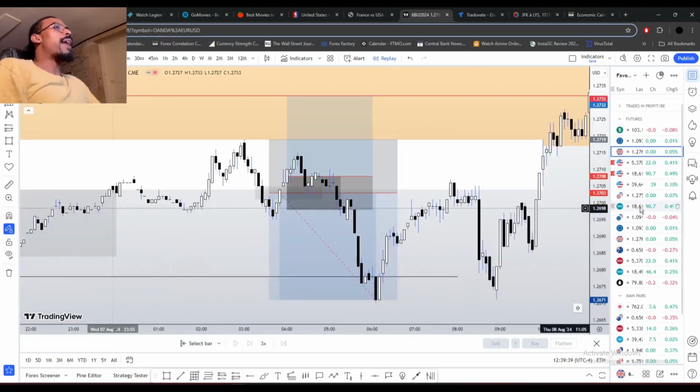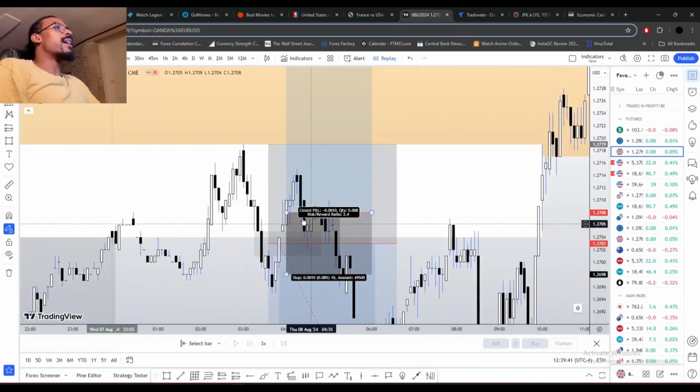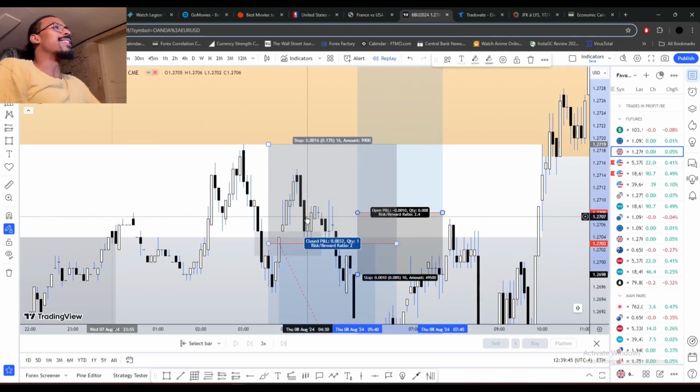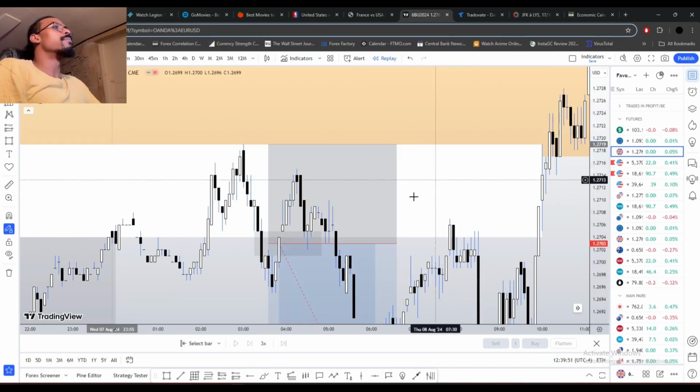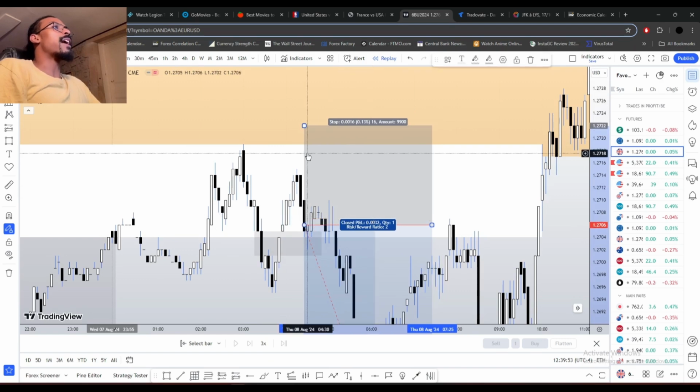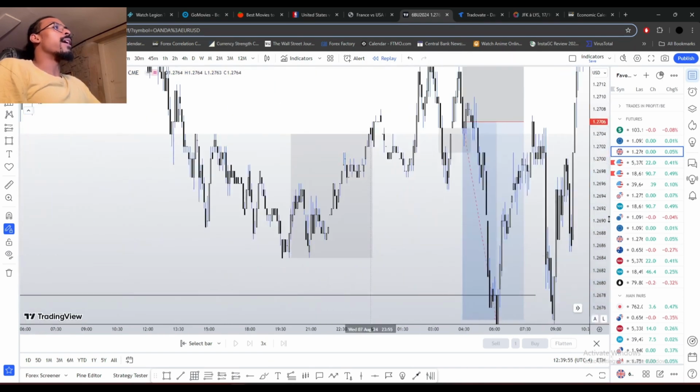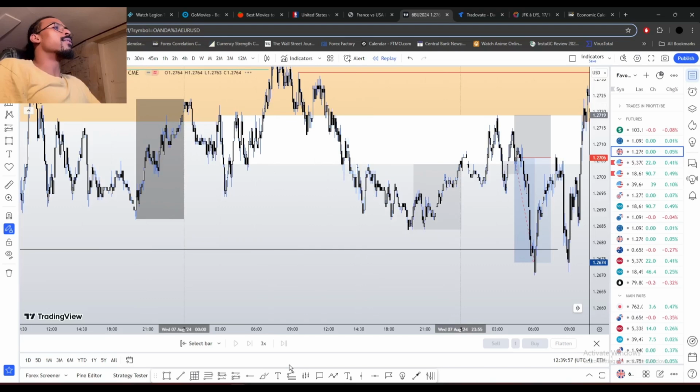Right? So when that happened, I decided to go short inside of this inversion fair value gap. Not the inversion, this fair value gap again, and decided to just stick with my sell trade. So I went ahead and took that, right, and targeted the relative equal lows in here.